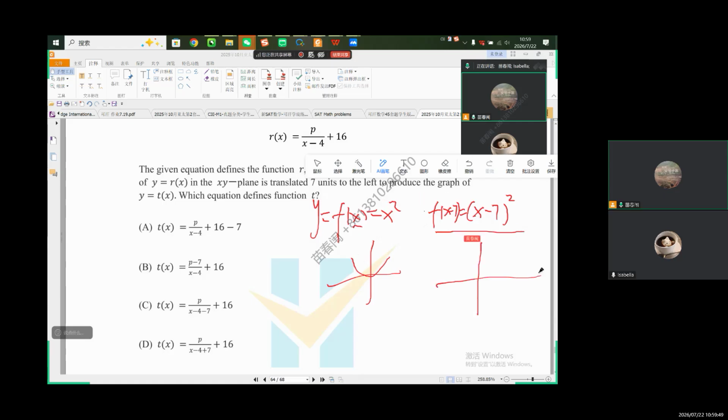So how do you draw this? This is vertex form. Remember vertex form, it's a negative thing. So that's a 7 in here, right? Oh, okay. Yeah, I get it now. You know that's why, right? So if you substitute x minus 7, you go to the right. Does that make sense? Yeah, that makes sense. Sorry, I forgot about the vertex form thing.